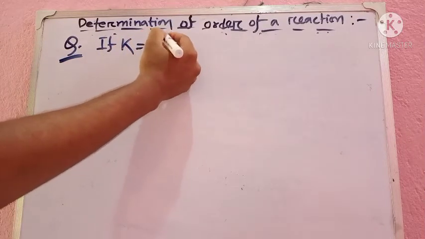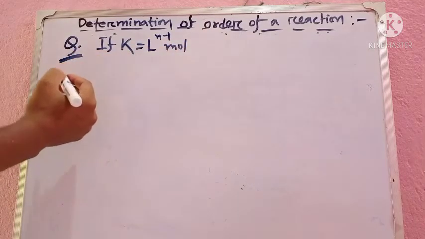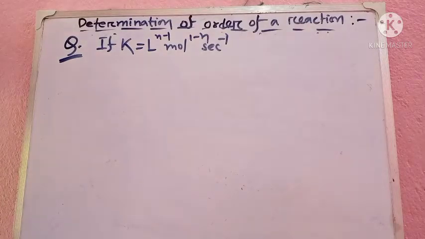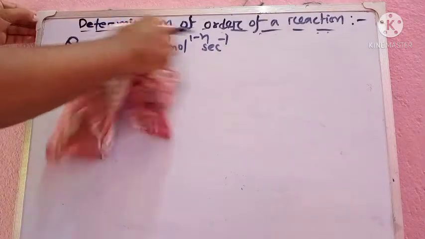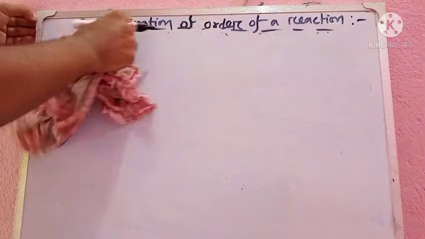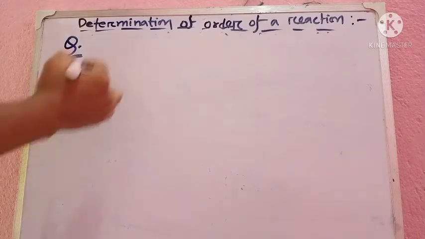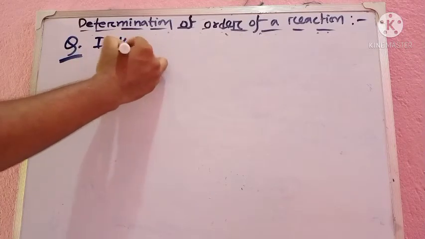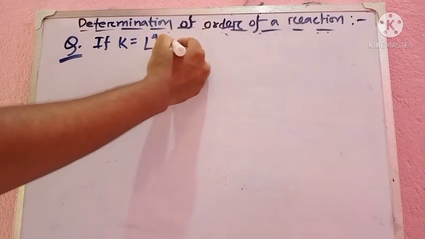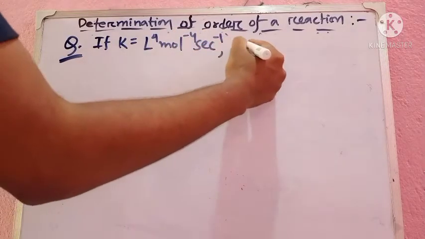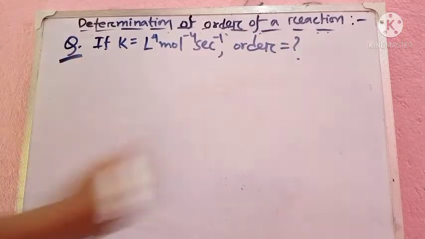If k equals L to the power 4 mole to the power minus 4 into second inverse, then find out the order.